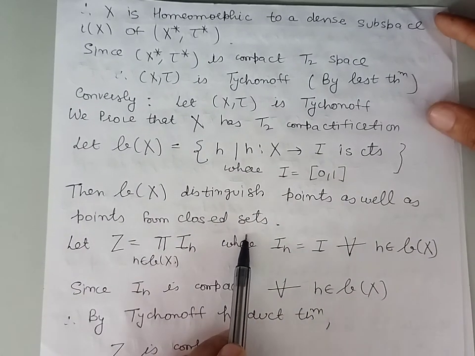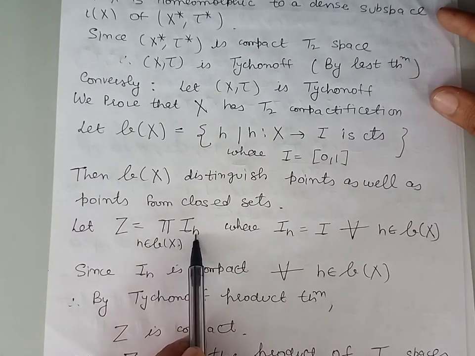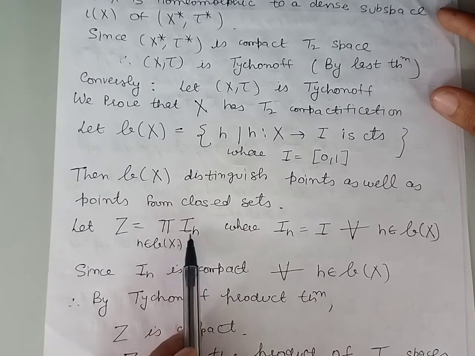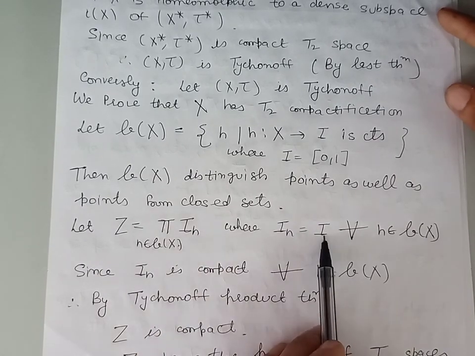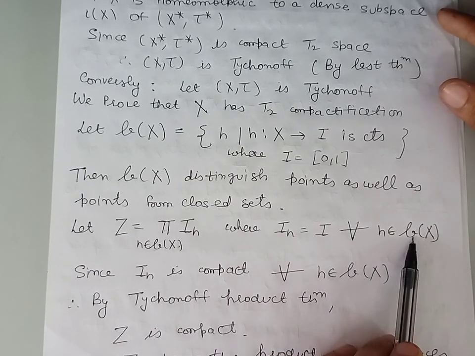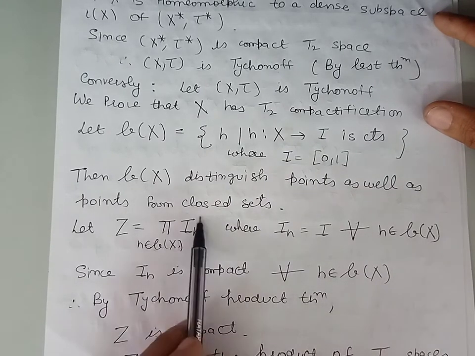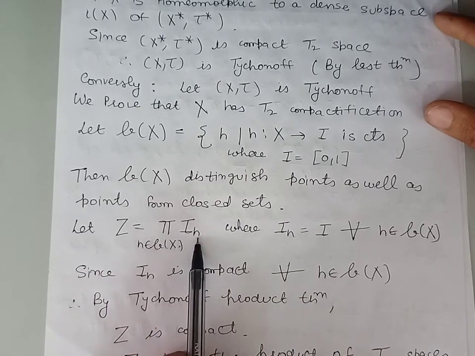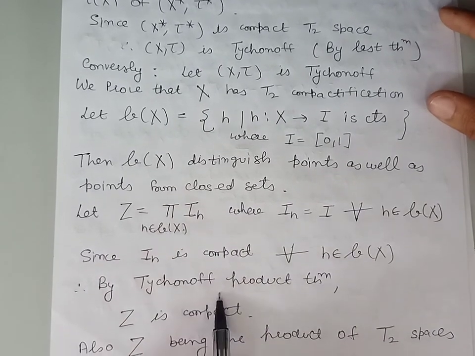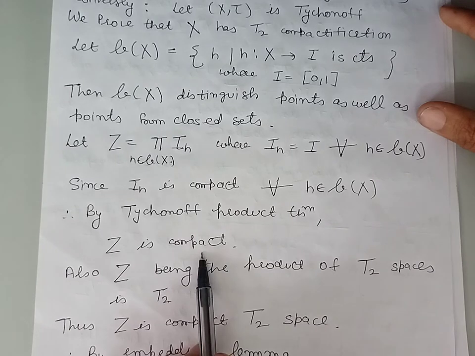Now let us take Z as the product of the unit intervals I_h, where I is the unit interval, for every h belonging to the family B of the continuous functions from X into the unit interval I. Now this unit interval is compact, and by Tikhonov product theorem, product of compact topological spaces is compact, so Z is compact.